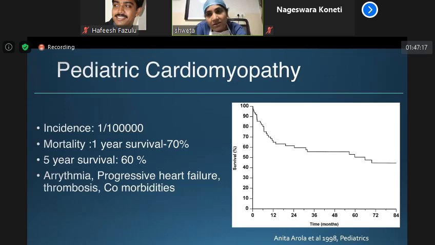But unlike adults, where it is most of the time ischemic cardiomyopathy or there might be a hypertrophic cardiomyopathy, in the pediatric population there are a good number of cases with secondary cardiomyopathy because there is some underlying structural cause, genetic cause, or there might be some metabolic cause which has led to the ventricular dysfunction. So this talk basically emphasizes that you don't label your cases as myocarditis or idiopathic cardiomyopathy, but assess them in detail. So we'll take cases one by one.